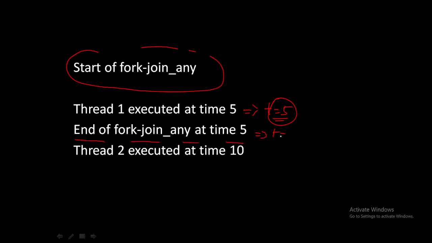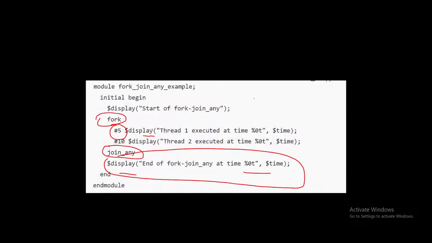Since the fork join any block will only wait for the completion of one thread's execution, after only one thread execution it will come out of the fork join any block. That doesn't mean that it will not go back to the fork join any block. The compiler will come out of this fork join any, display the statement which is declared outside the block, and then go back and check for the incomplete thread execution.